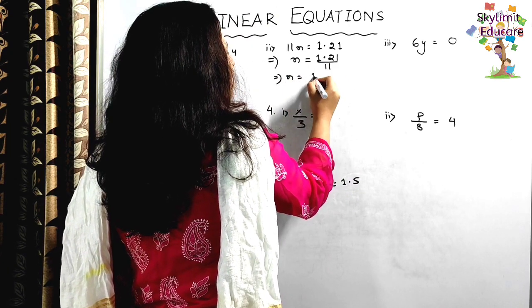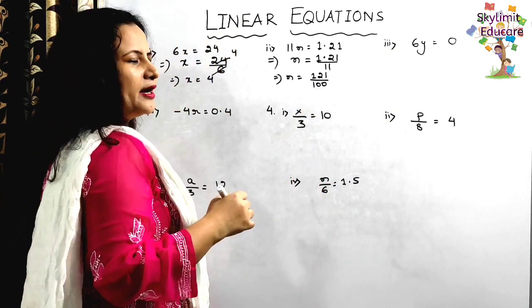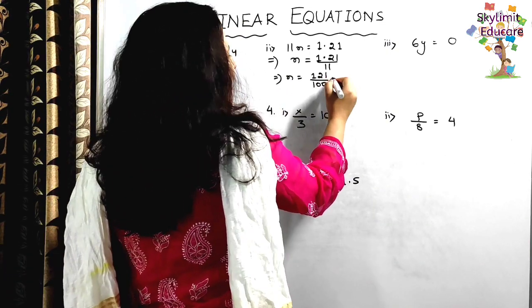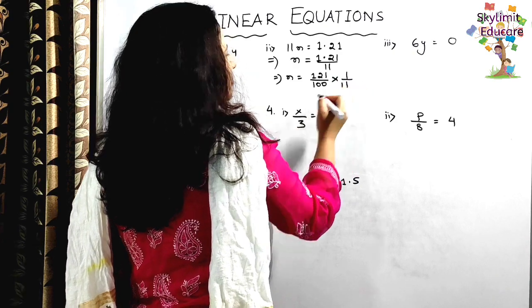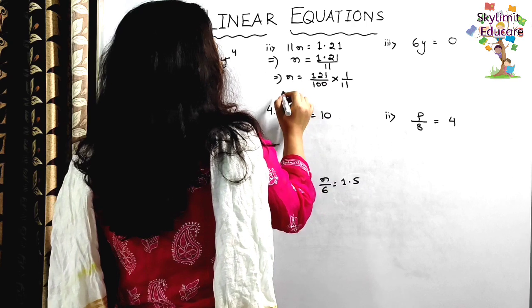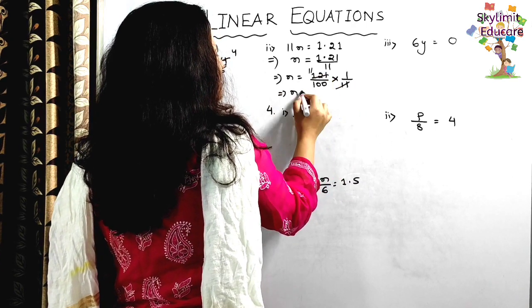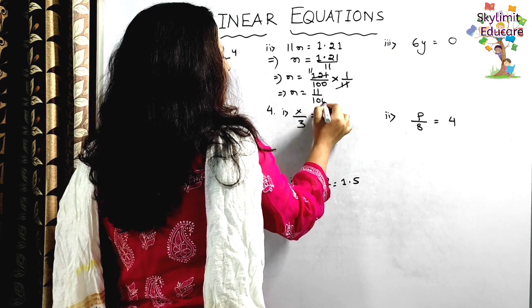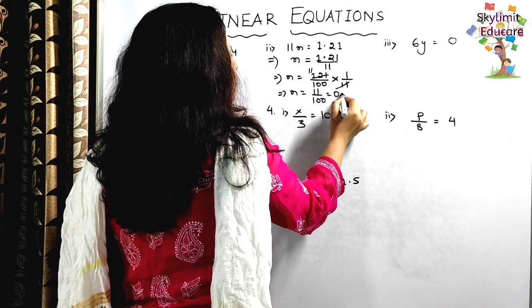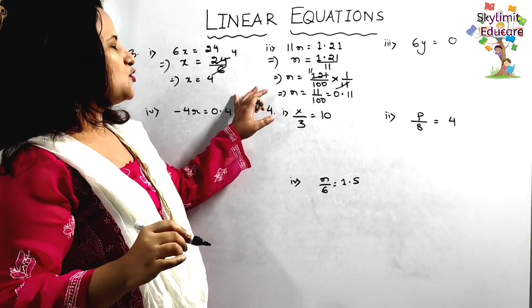So 1.21 can be written as 121 by 100, and it is multiplied to 1 by 11. You know how to solve the fractions, right? Decimals. So this will cancel out. 11 11s are 121, so how much you got? 11 by 100. That is equal to 0.11. Okay? So this way you are going to solve this.